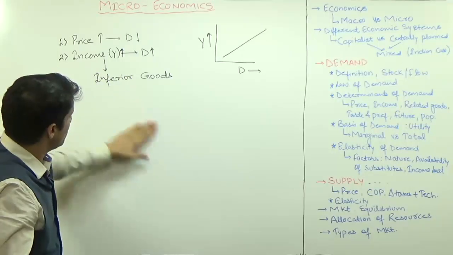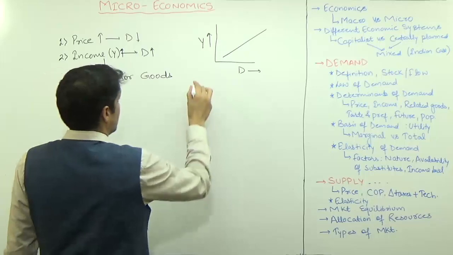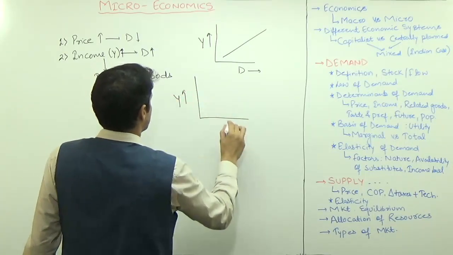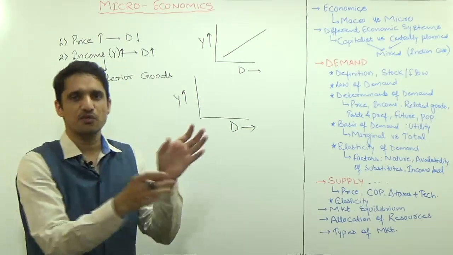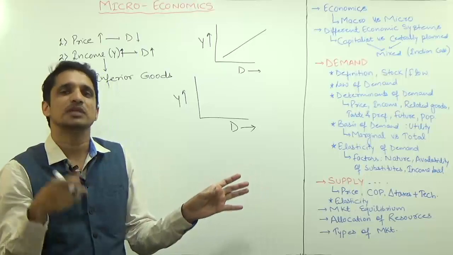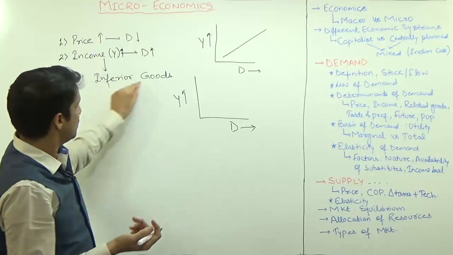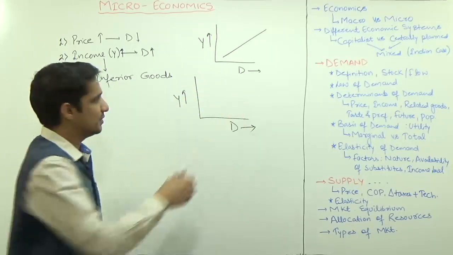But if your income increases, you will shift from bajra to more cereals like rice and wheat. So the demand for these inferior goods decreases when your income increases.